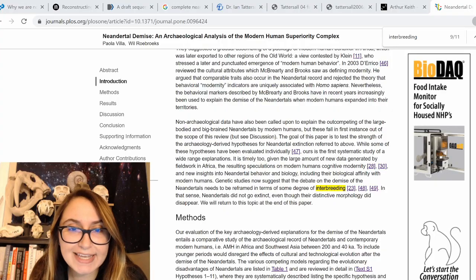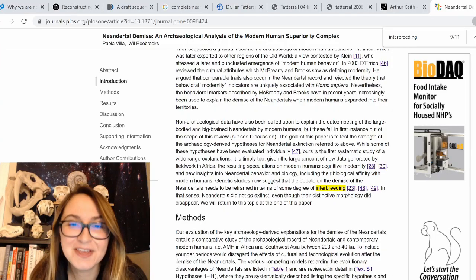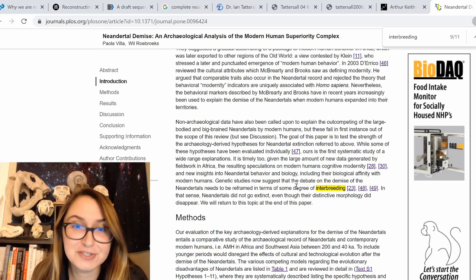And then for citation 13, they cite from 2014 the quote, "In that sense and in the light of genetic evidence revealing interbreeding, Neanderthals did not go extinct, even though their distinctive morphology did disappear." So let's track that down. Tracking down the paper, you get the full context, which is here.